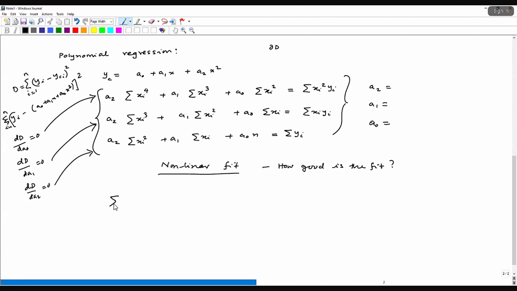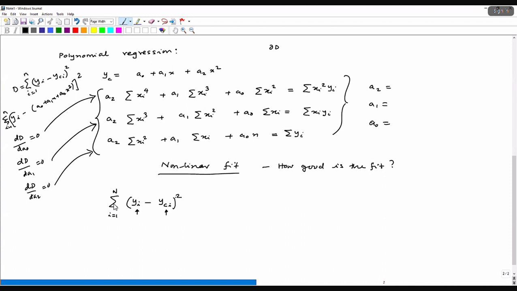One is the sum of yi minus yci square. This is basically the curve fit at a particular xi. What is the actual yi and what is predicted by the curve fit.